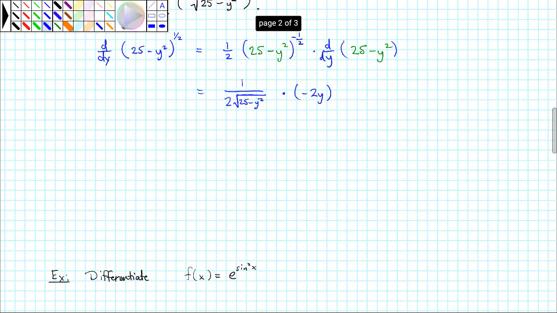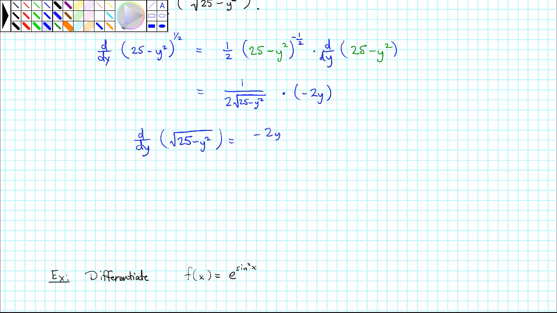So we have that the derivative with respect to y of square root of 25 minus y squared is negative 2y over 2 times the square root. Let's simplify this.